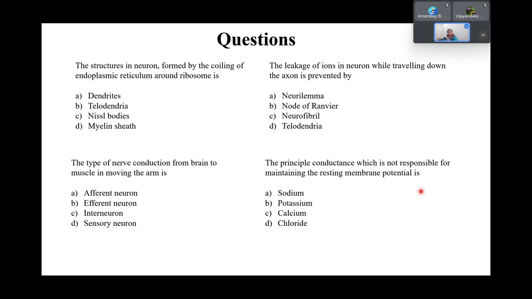And the ion which is not responsible for maintaining the resting membrane potential is which of these ions? So basically, which of these ions are not responsible for maintenance of resting membrane potential.